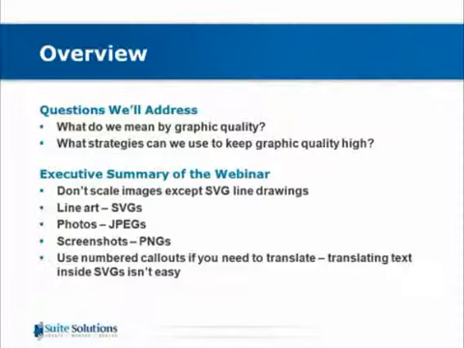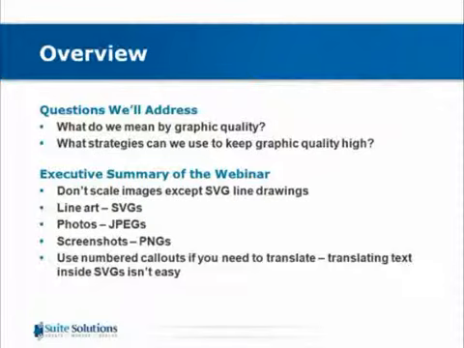The executive summary of the conclusions we're going to come to through the course of the webinar is that we advise people to try to avoid needing to scale images, because scaling images often is one of the sources of image quality problems, except for SVGs, which you can scale freely.